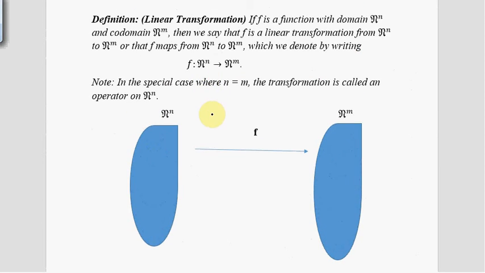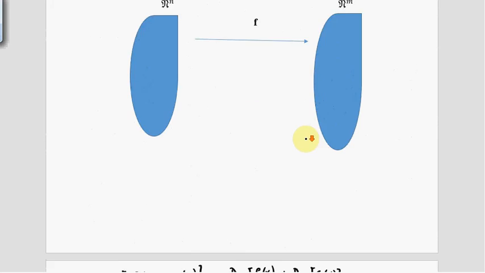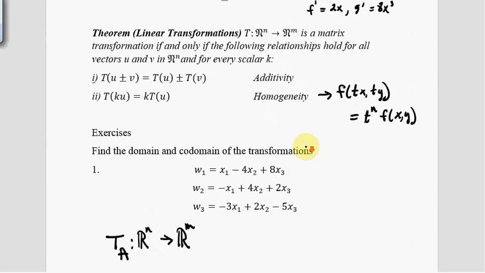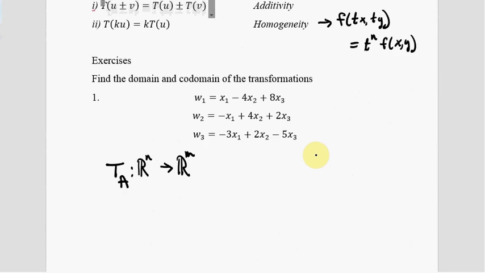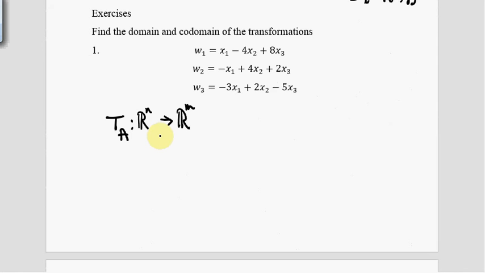I didn't say it, but I wrote it here, a special case: if n is equal to m, we call the transformation an operator. And that's basically what you get in calculus. I want to take this statement here and translate it based on what we're given here. I want you to see it.